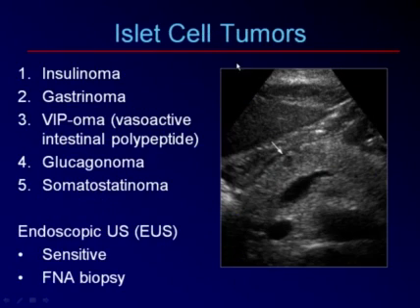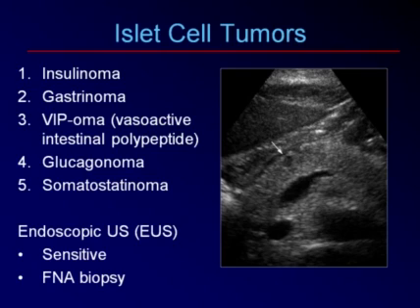There are also a whole separate category of pancreatic masses that originate from the endocrine part of the gland. All the cancers that I've been talking about till now are originating from the exocrine part of the gland. The endocrine part of the gland have unusual presentations.